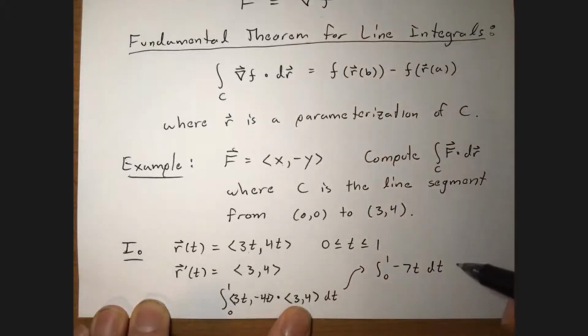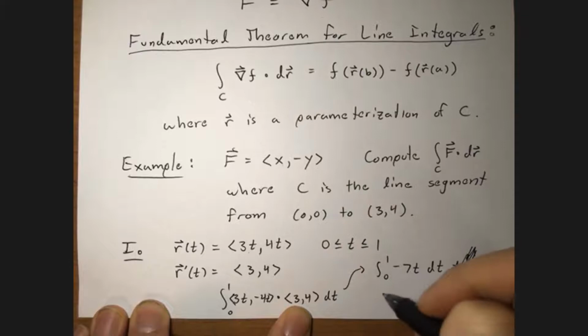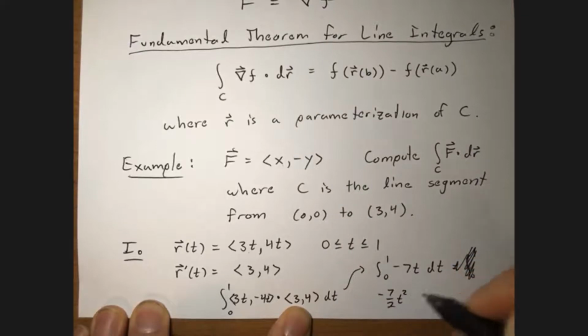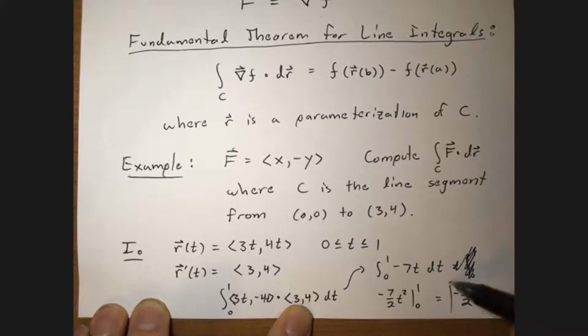And the antiderivative here is, oh, I'm taking the antiderivative, don't do the integral anymore. Negative 7 halves t squared from 0 to 1. So it's negative 7 halves. All right. Got the answer.